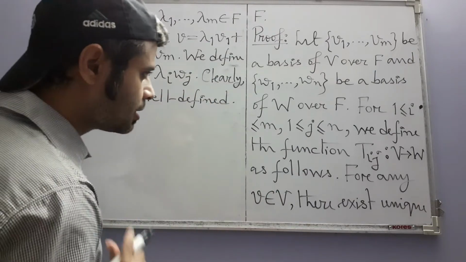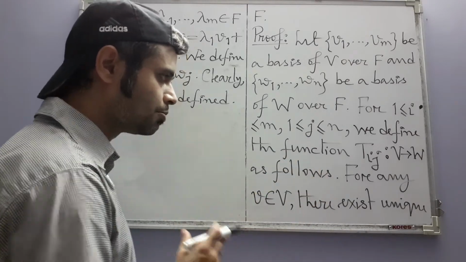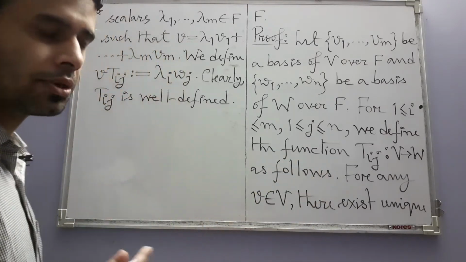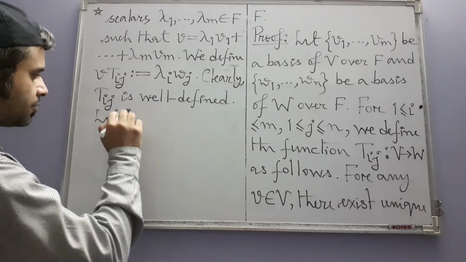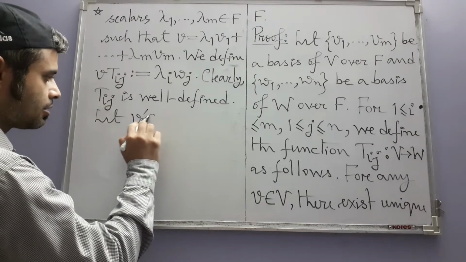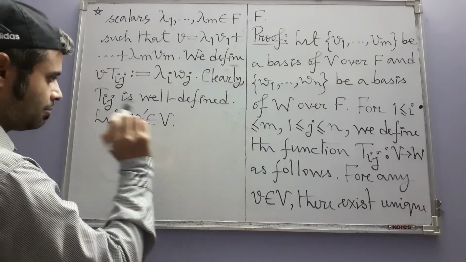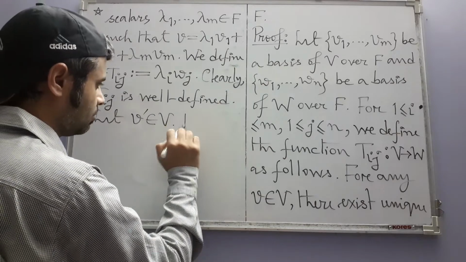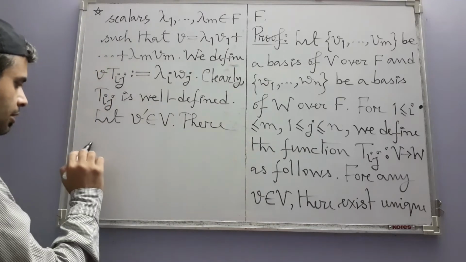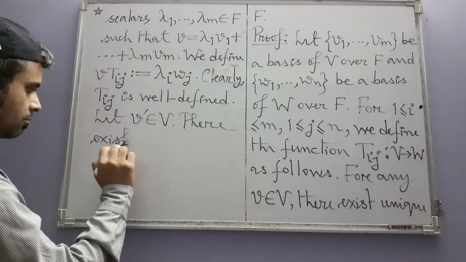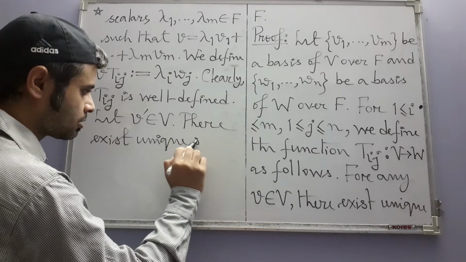Okay, now the next thing we want to show is that these Tij actually are homomorphisms from V into W. So for that, we take, say, another vector v prime in V. Then for this also there exist unique scalars.